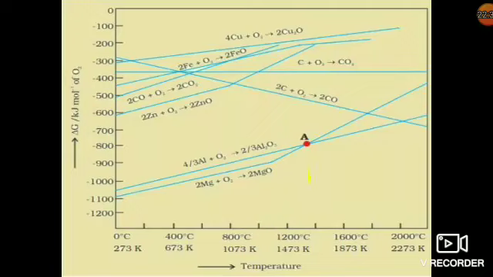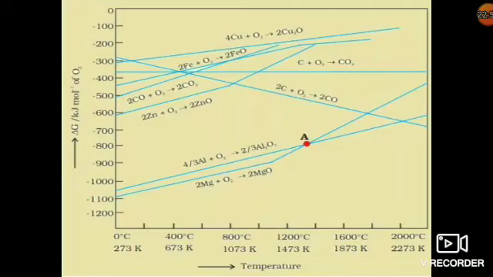Okay, why this point A? Because after it you see the curve, the magnesium curve goes up and the alumina curve comes down. That means after this A, after a temperature of around 1300 degrees centigrade, aluminium will reduce magnesium, because magnesium then goes above alumina. Okay, so what is the range?